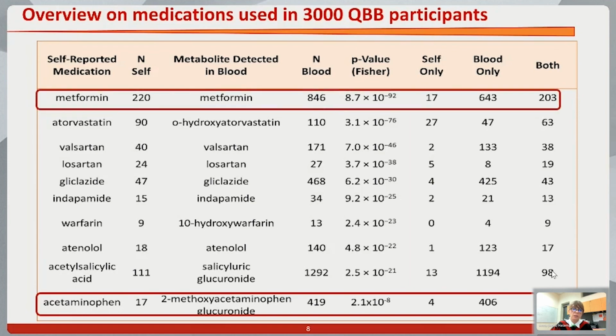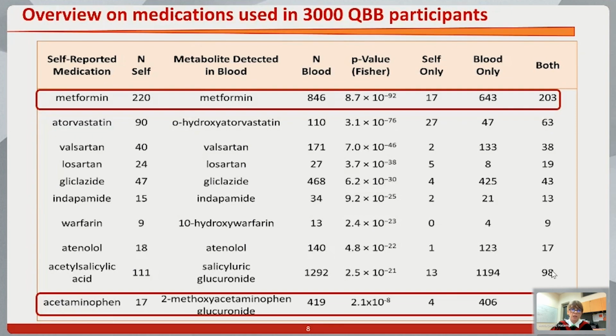Another interesting story, in our view, was metformin, which was detected in over 600 individuals but only self-reported in 220, with an overlap between both of 200.